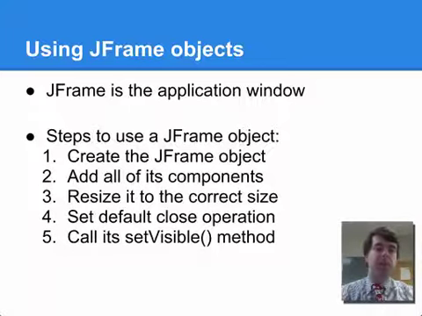You have to set the default close operation. And what that means is that you're just going to tell Java what to do when the user closes the window by clicking on the red button or the X. If you don't do that, then your application becomes impossible to quit. And that's kind of frustrating for the user. So then the last thing you want to do, and you should really do this last, is you call setVisible in order to make it actually appear on the screen.